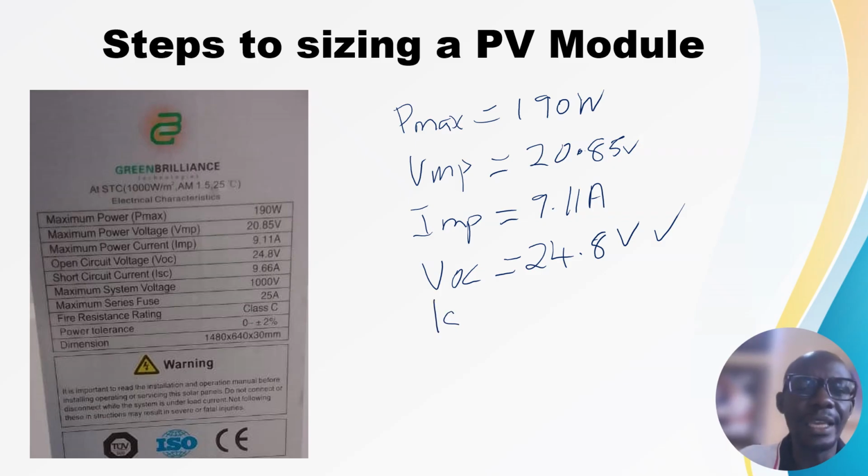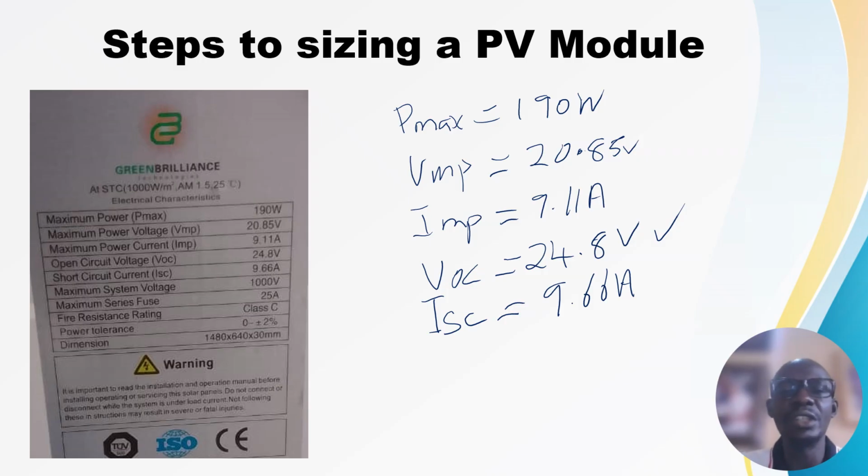Then the ISC, which is 9.66A, means short circuit current. It means if you have your clamp meter and you connect positive and negative together, using your clamp meter around the cable, this is the maximum current that is allowed to flow.